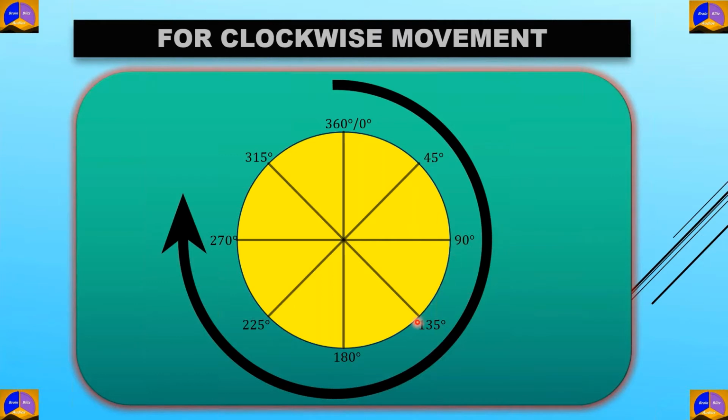It continues like that till 135 degrees, then 180 degrees, then 225 degrees, then 270 degrees, 315 degrees, and at last 360 degrees. And the clockwise movement will be turned like shown in this arrow.